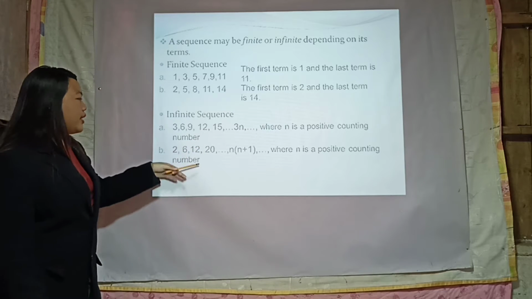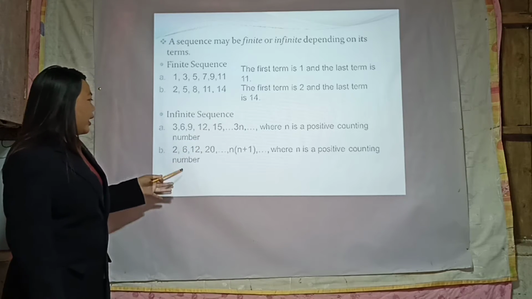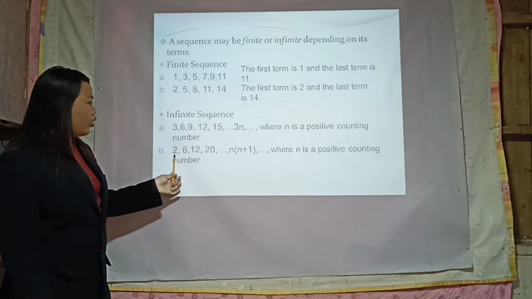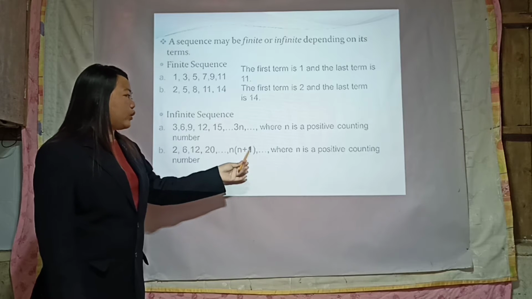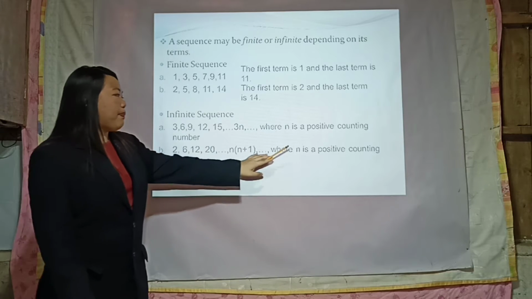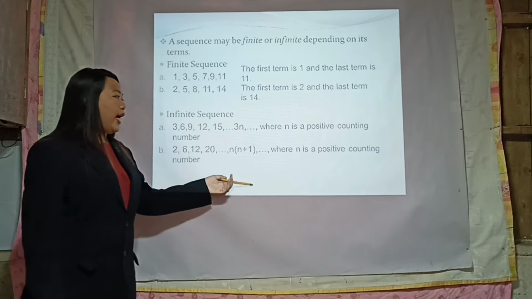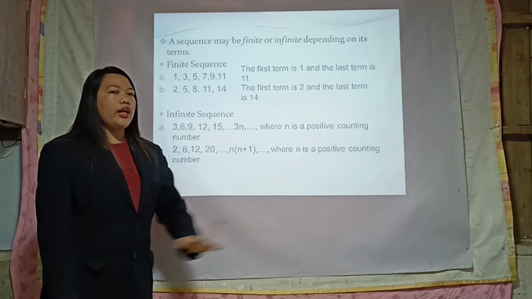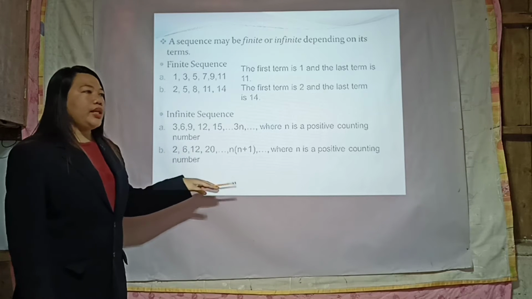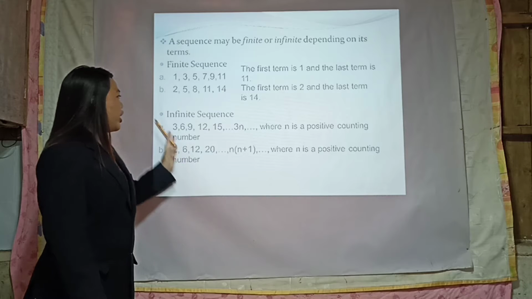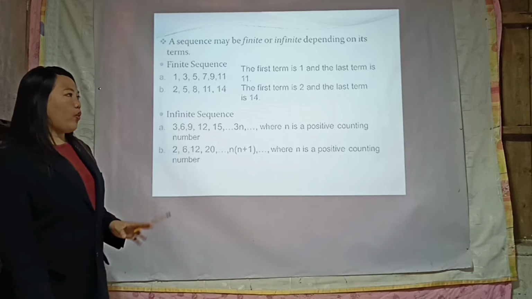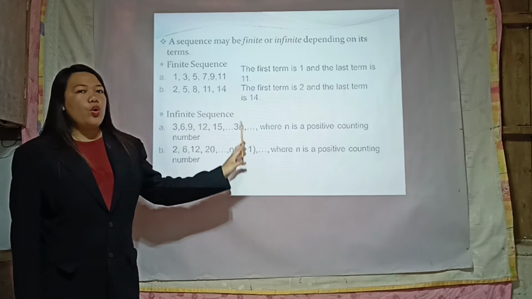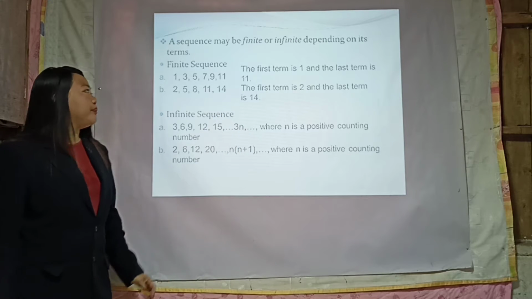In this example also, it has a first term which is 2 and the last term is the quantity n plus 1, where n is a positive counting number which can substitute any number. So, it means it is infinite, and these examples are infinite sequences which have no last term.